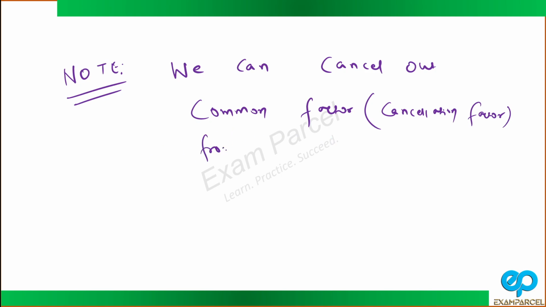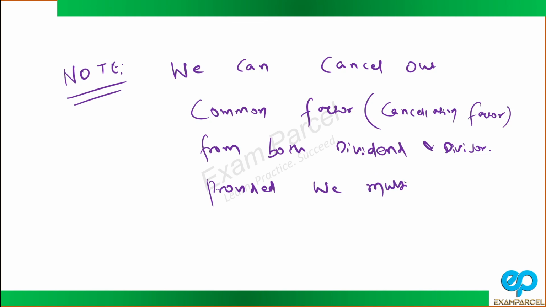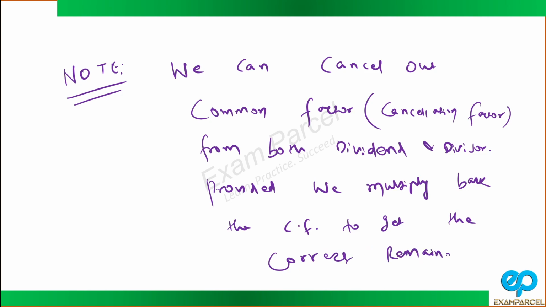A common factor from both dividend and divisor, we can cancel out provided we multiply back the CF to get the correct remainder. I hope this is clear to you.